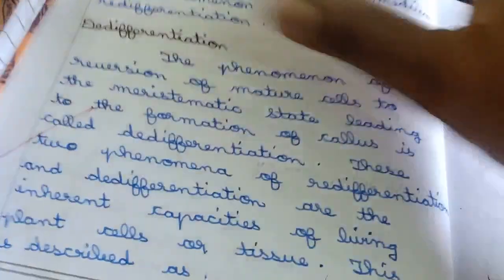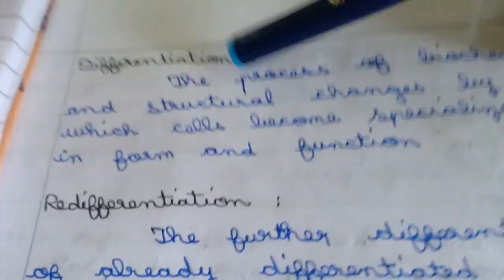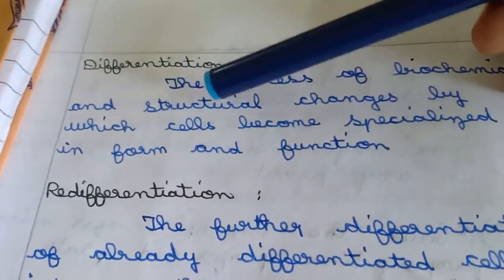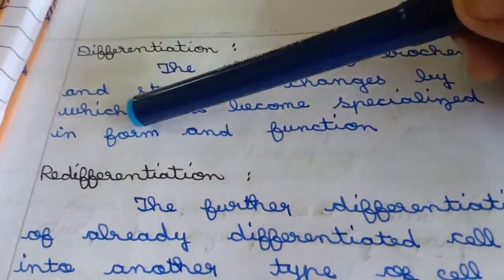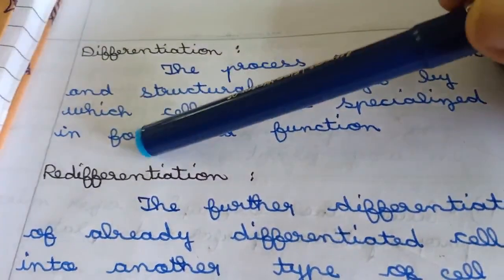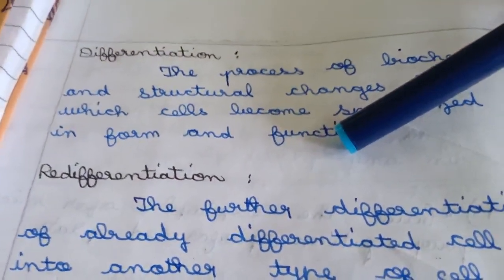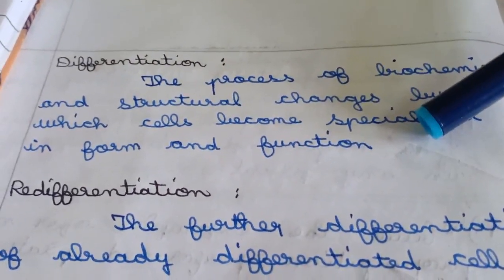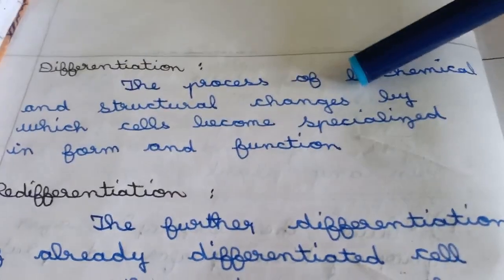Now let's move to the next topic, differentiation. What is differentiation? The process of biochemical and structural changes by which cells become specialized in form and function. Okay, the cells become specialized, they become differentiated. Before, they were of the same callus.